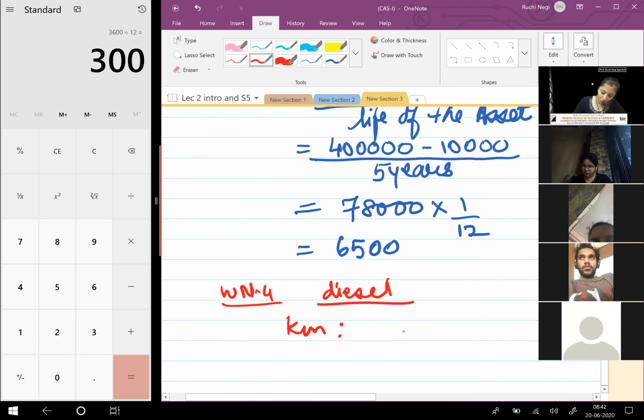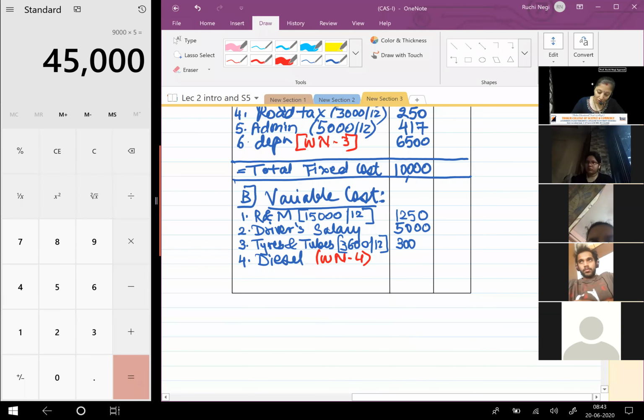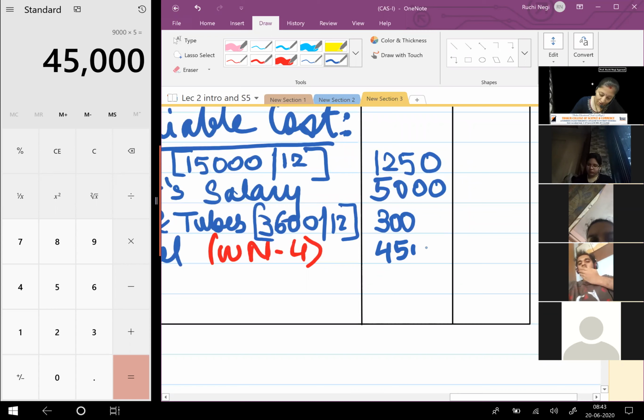So for 9,000 kilometers, how much? Cross multiply: 9,000 into 5 gives me 45,000. So for 9,000 running kilometers, diesel will be 45,000 rupees. It's a variable cost, so it depends on running kilometers. So right here, 45,000. We have one more cost left to be done.